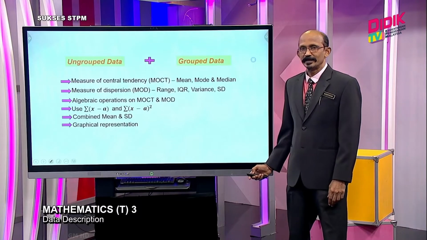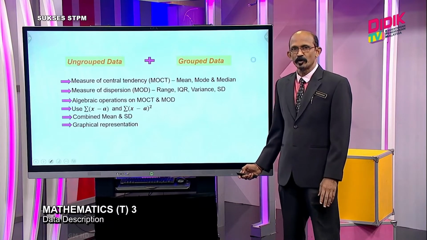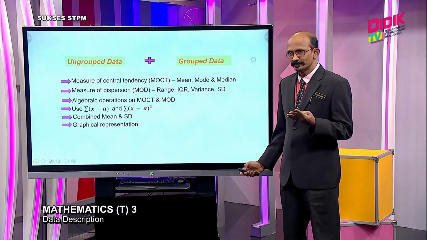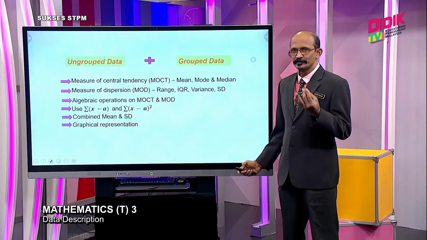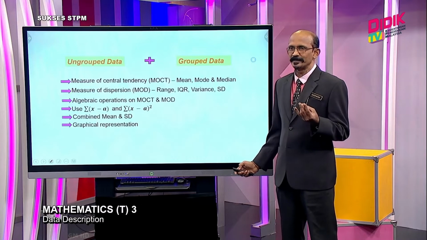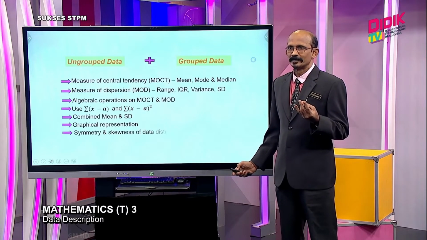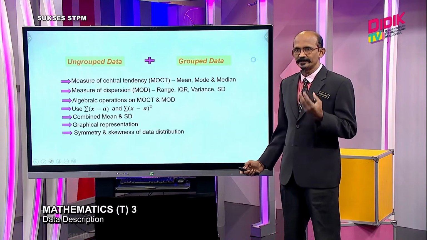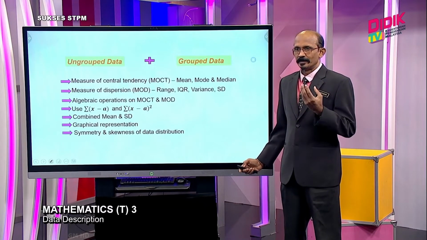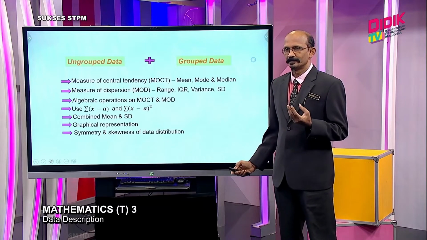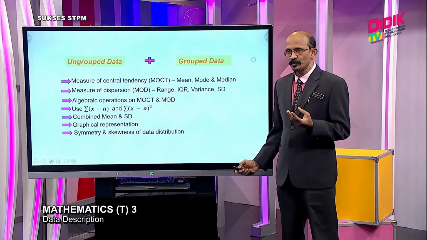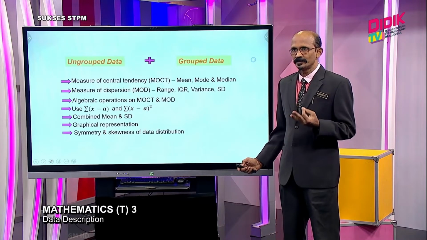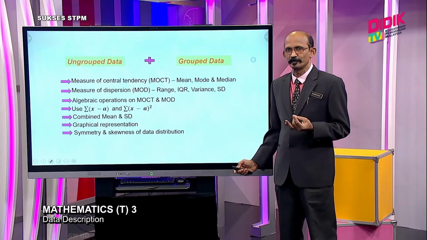Next, you have to construct and interpret stem plot, box plot, histogram, and cumulative frequency curve. Last part of the chapter, you should be able to describe the distribution of data, whether it is symmetric, positively skewed or negatively skewed.